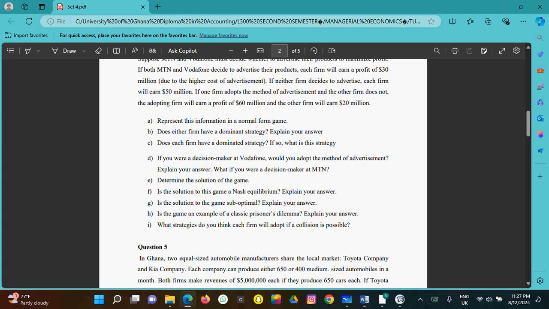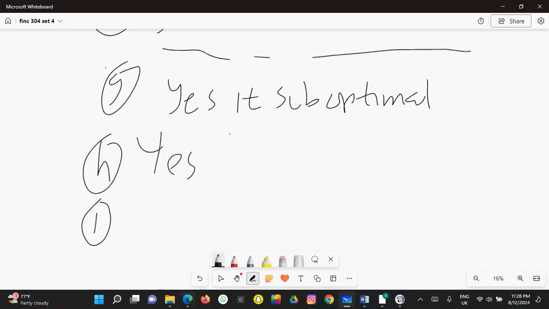So I is saying, what strategy do you think each firm will adopt if collusion was possible? We've spoken about this already. If collusion was possible, firm will choose not to advertise since this is the optimal solution and gives the highest payoff. Please write the English I said or keep it in mind.